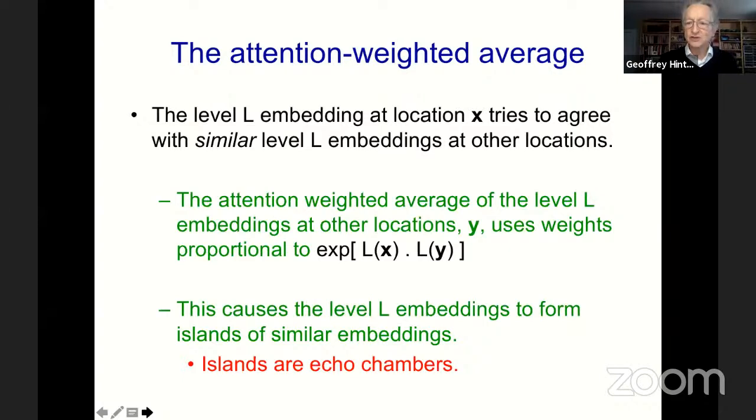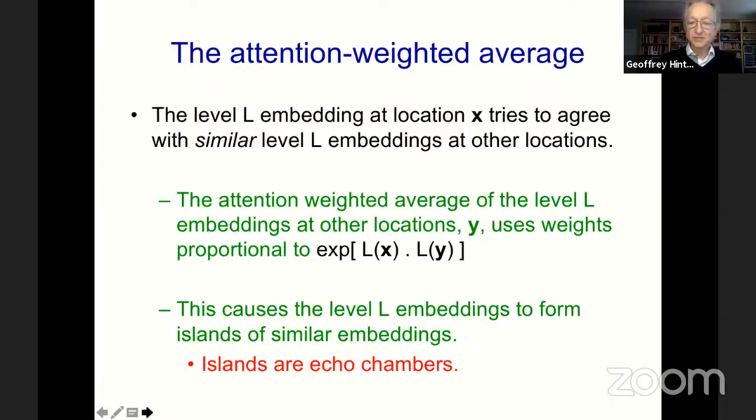In transformers, you took an embedding, you converted it to a key and a query and a value. Here, we take the embedding and we don't convert it to anything, we just use the embedding. You look at the level L embedding vector at location X, that's what I call LX.